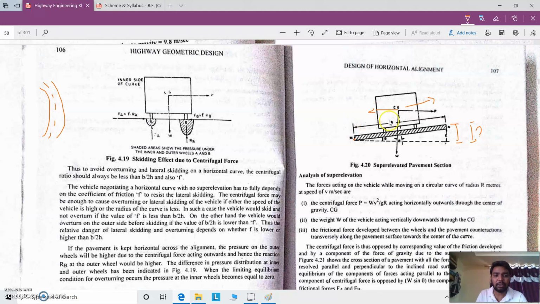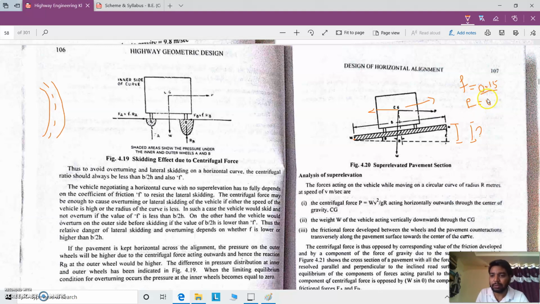Apart from this, the IRC has recommended that for lateral movement of the vehicle, the frictional force is considered as 0.15. It was already discussed in the factors affecting highway geometry. F is 0.15 in the lateral direction.